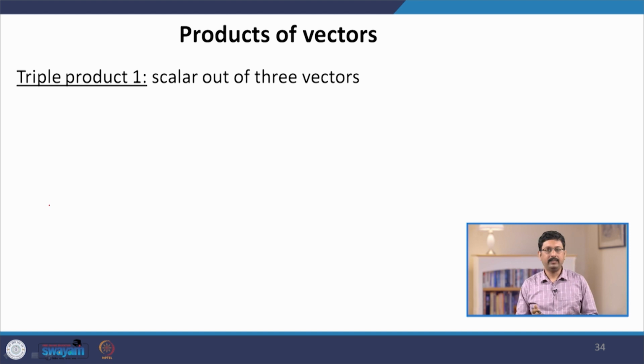So, let us take 3 vectors A, B and C. If I want to make a dot product, I need 2 vectors. So, let us try to simplify 3 vectors down to 2 vectors.